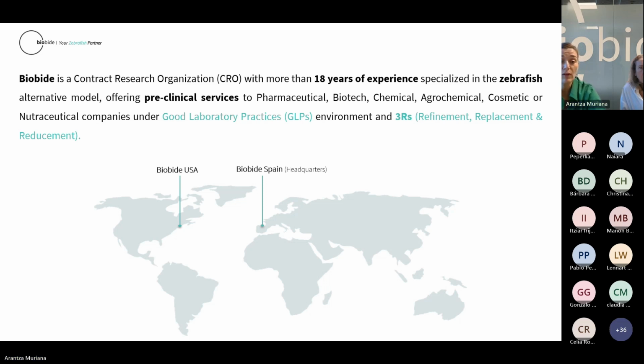We have our headquarters in San Sebastian in the north of Spain, near the French border, where we do all the experiments and have our own facility, and we also have a business development office in the US.